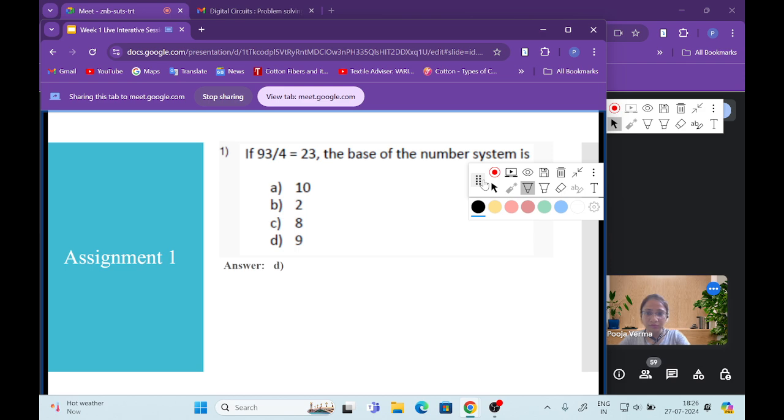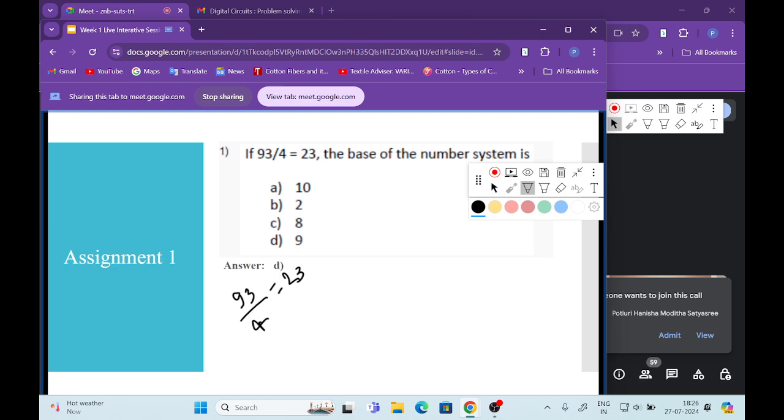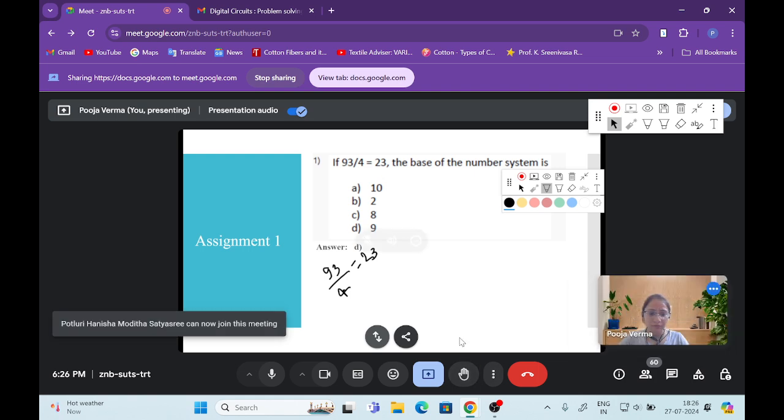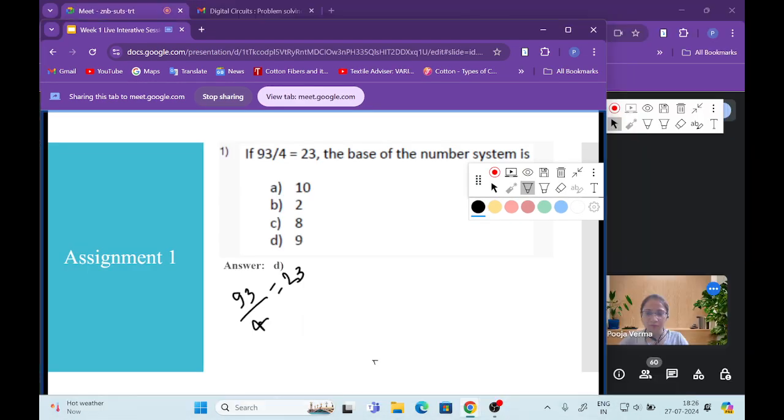Okay, so I am solving here, you can also solve. It is given that 93 by 4 is equal to 23, and we need to find the base of the number system.